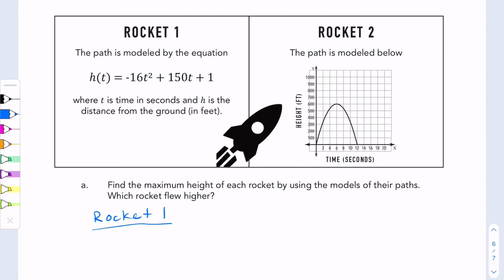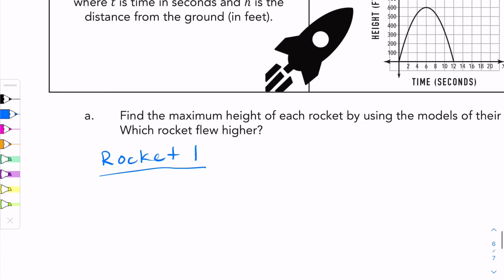So for rocket 1, we are only given an equation. The equation is h of t is equal to negative 16 times t squared plus 150 times t plus 1. So to find the maximum height of the rocket, you need to find the y-coordinate of the vertex. In order to do that, we need to fill in the equation x equals negative b divided by 2a.